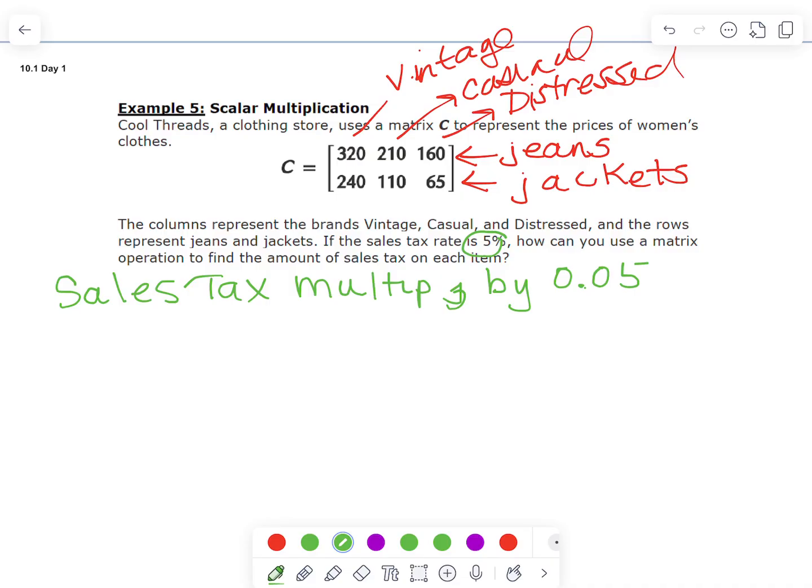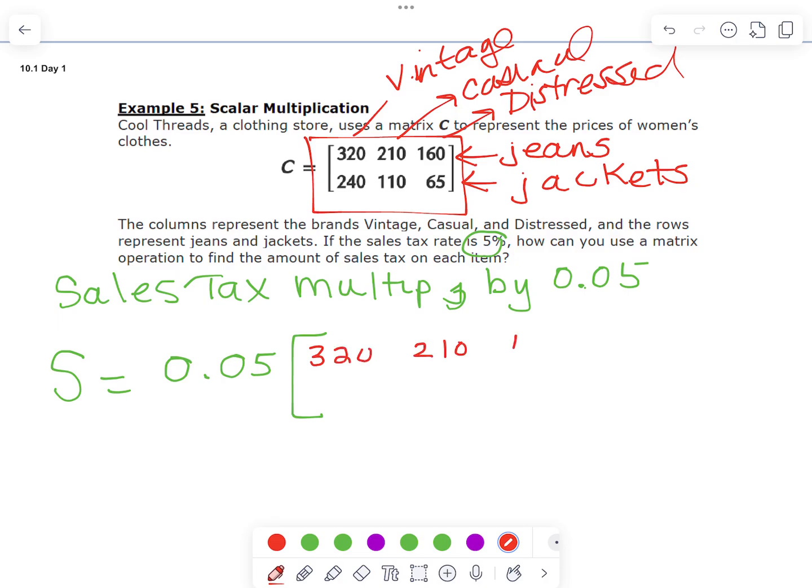So now we're going to go ahead and create a new matrix. S equals, and then our scalar is going to be 0.05. And now our C comes down from here. So here's our matrix. We put in 320, 210, 160, 240, 110, 65.